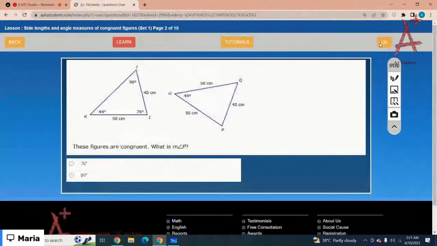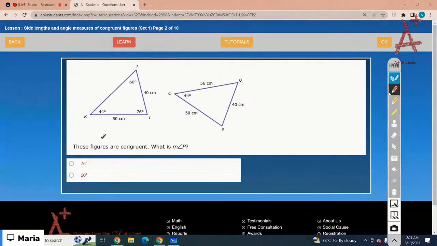Figures are congruent. What is the measurement of angle P? Okay, let's just write the congruent statement. Got it? Triangle KIJ is congruent to OPQ.